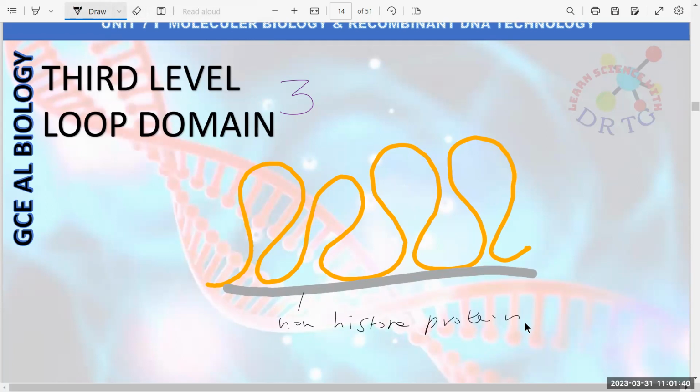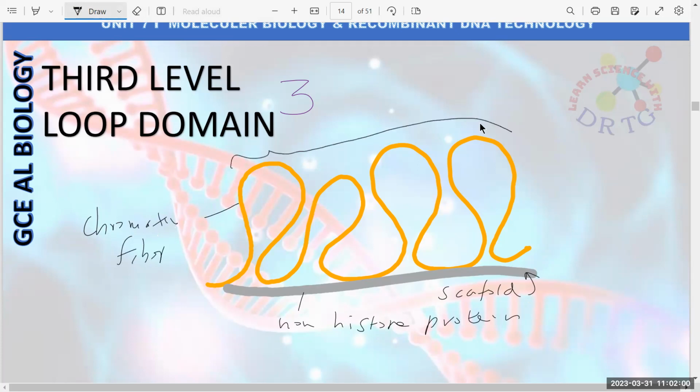They provide the scaffold, the skeleton, right? Scaffold protein. And this is the chromatin fiber. And this structure represents loop domain.